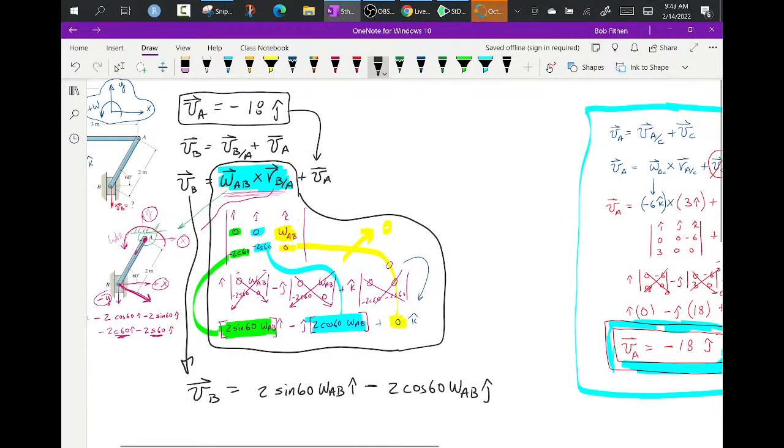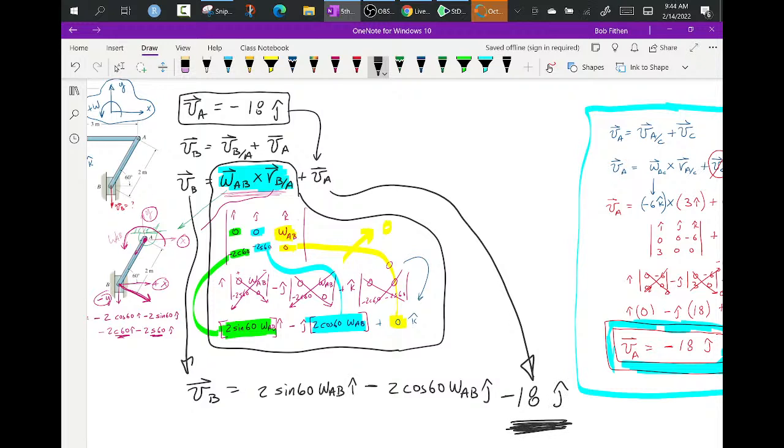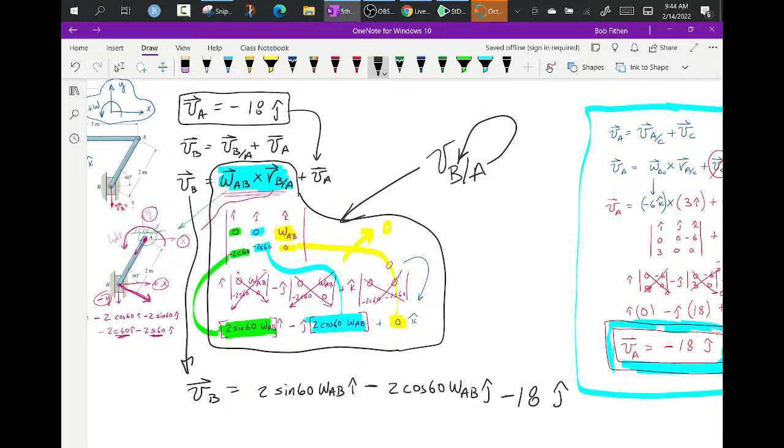I'm going to take my A and stick right here, minus 18J. Why? Because this is the velocity of the person sitting on A. So here, this part was the velocity that the person that was sitting on A saw B to look like.